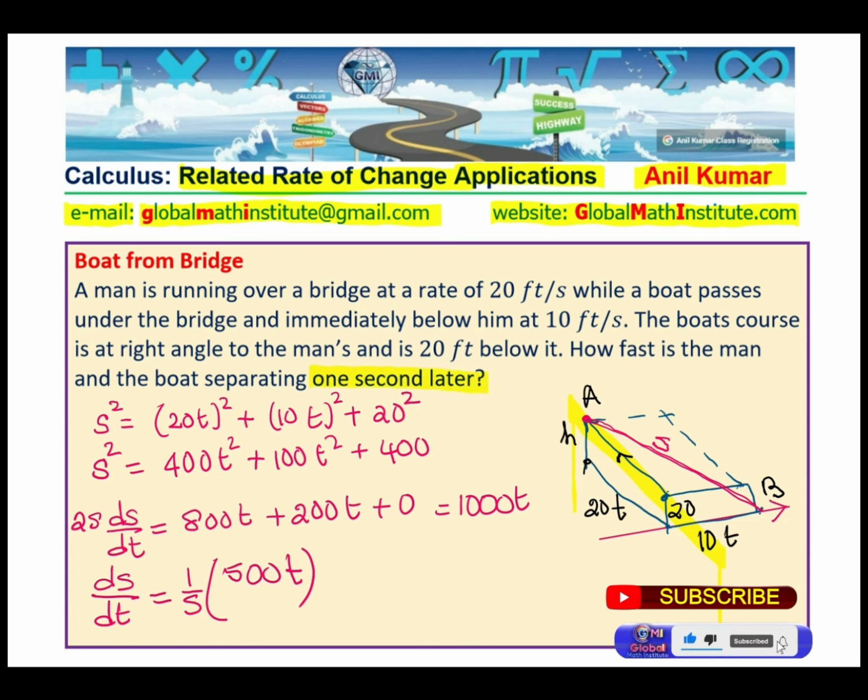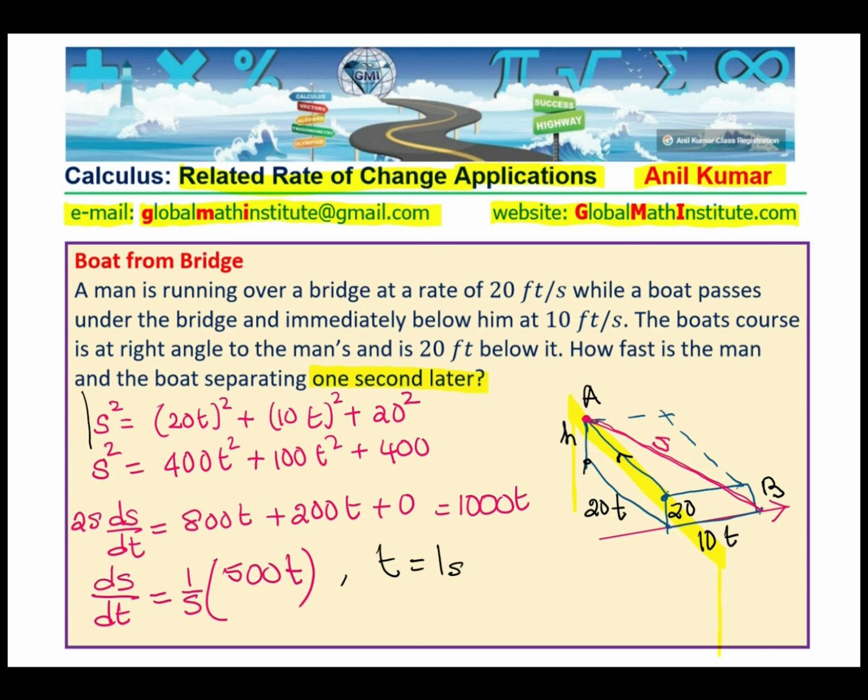So what is the position when t is equal to 1 second, right? So when t is 1 second, we need to find s, the separation. Basically, at this time, s will be 20 square plus 10 square. You can find it from this equation, right? So let's take it to the next page and then figure it out.